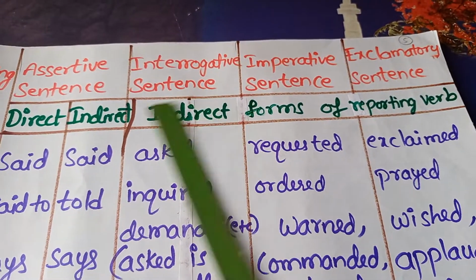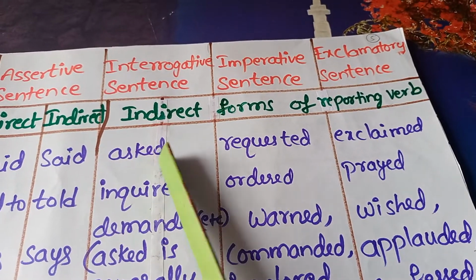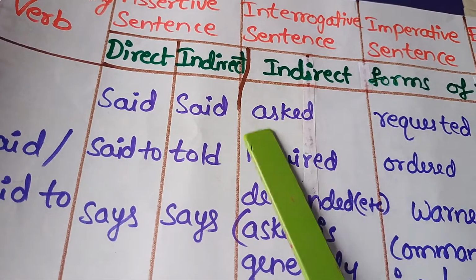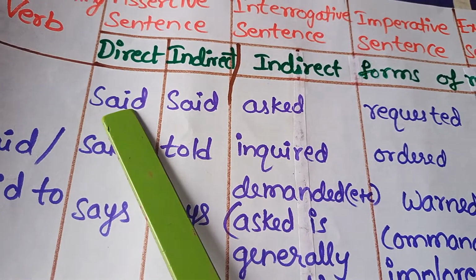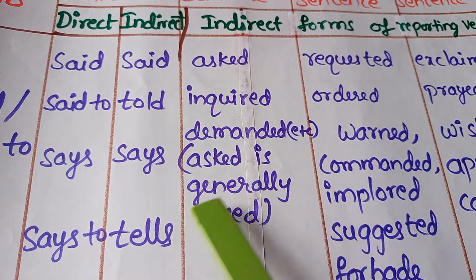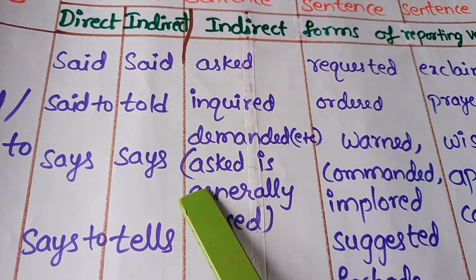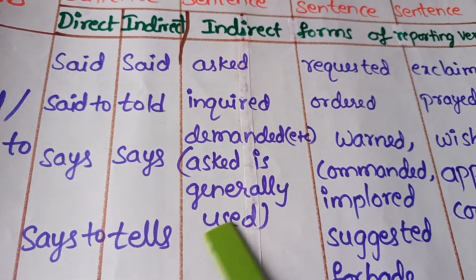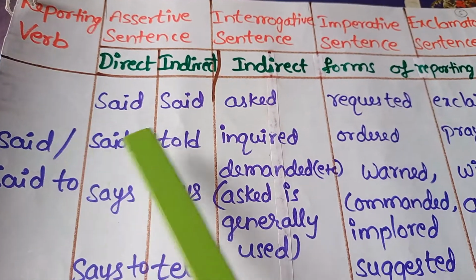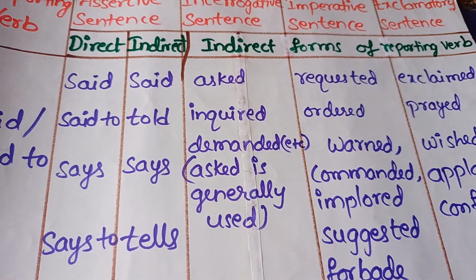In interrogative sentences, said becomes asked, inquired, or demanded. Generally asked is used. So for the reporting verb said, we have to use asked, inquired or demanded.